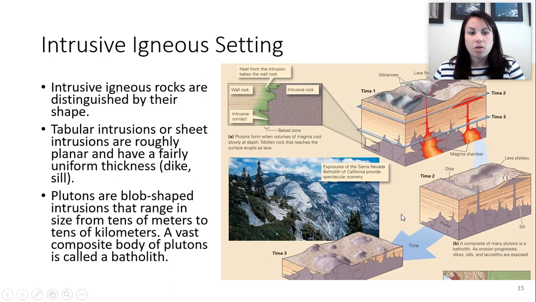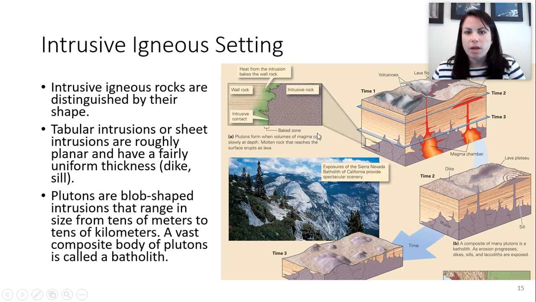And there's another thing here called plutons, and those are blob-shaped intrusions that range in size from tens of meters to tens of kilometers. A vast composite body of plutons is called a batholith. So maybe you've heard the word batholith before, because sometimes this is described as a region where we see a large amount of plutons.